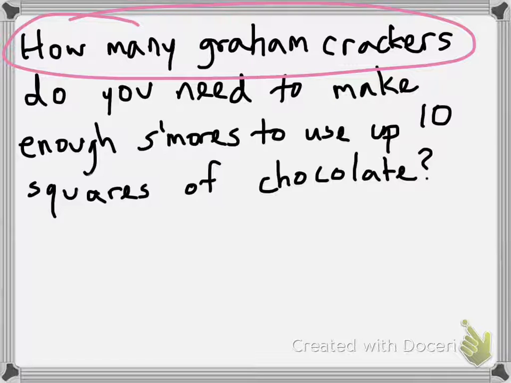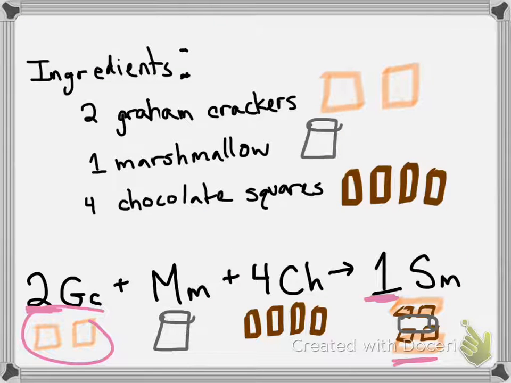Do you need to make enough s'mores to use up 10 squares of chocolate? So in this case, we're starting with our 10 squares of chocolate. If we go back to our reaction, if we have 4 squares of chocolate, we need 2 graham crackers. That's our ratio.